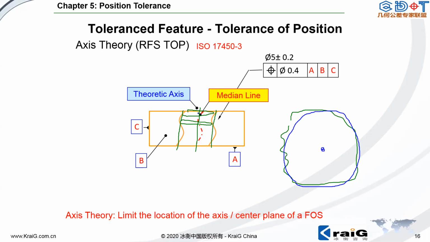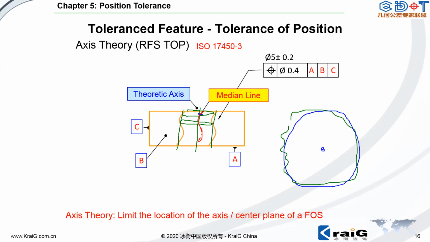Each section gives you a center point, and you line them up, and then you get this medium line. It's a little bit complicated, but long and short, we should understand that there is a difference between ISO GPS and ASME. The tolerance feature is different, right?